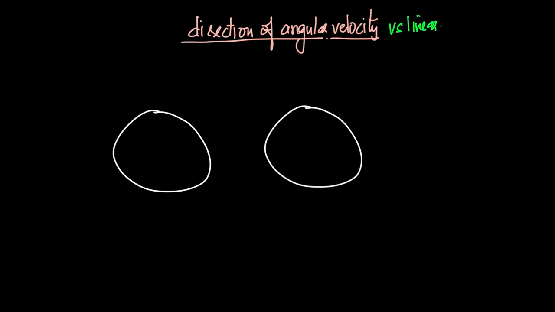So what we have here is the origin, and say this is the direction of the position vector r. This is the position vector r.